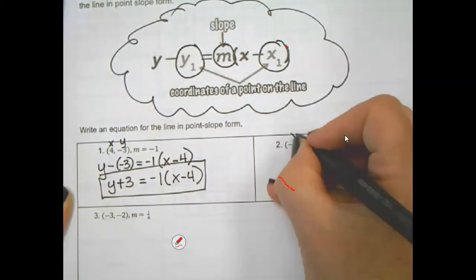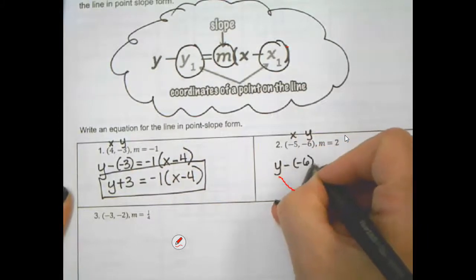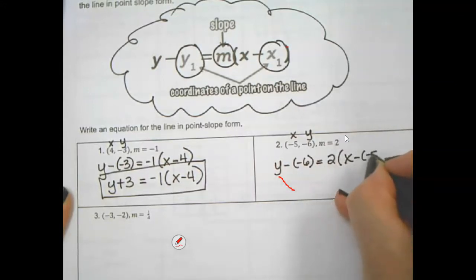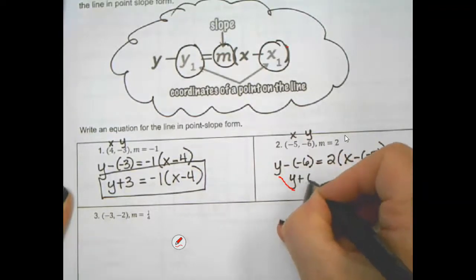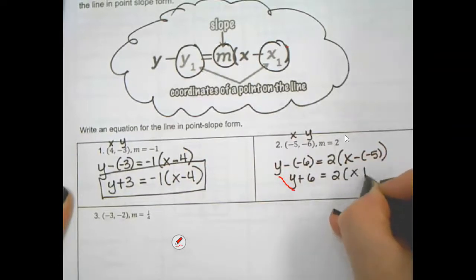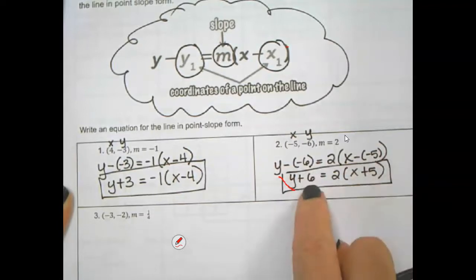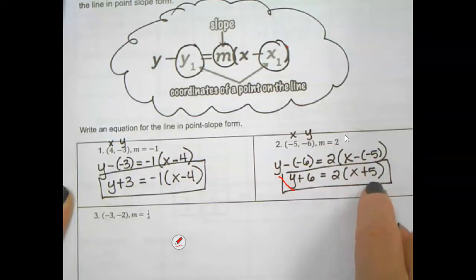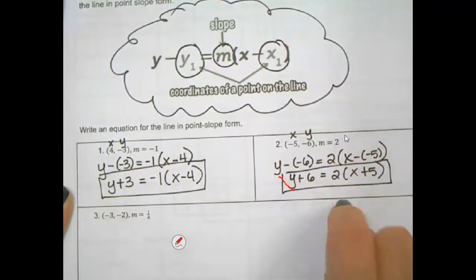Let's try another one. X, y. So y minus a -6 equals 2x minus a -5. So please notice that when I rewrite it simplified, my x value is the opposite and my y value is the opposite when we're in point slope form.